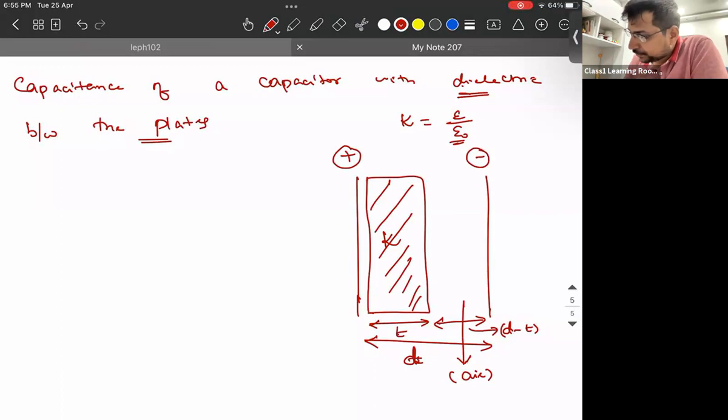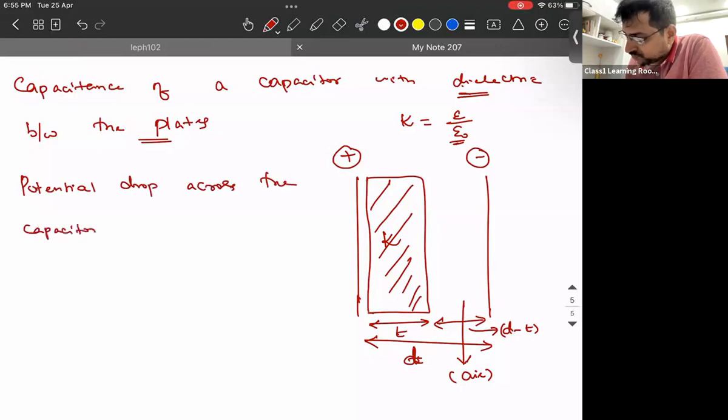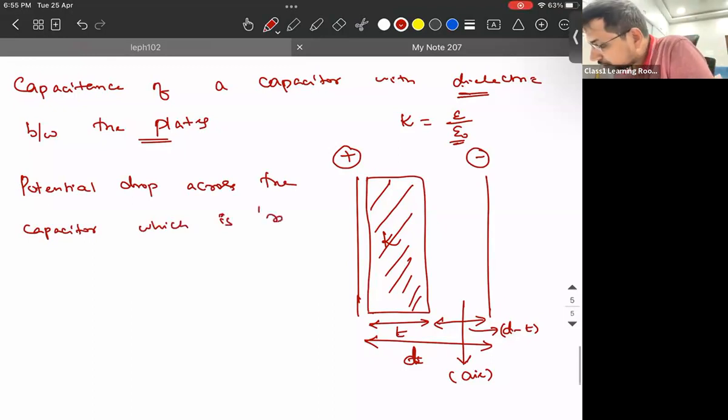Okay. So there is a potential drop across the capacitor, which is broken into two parts. What are they?